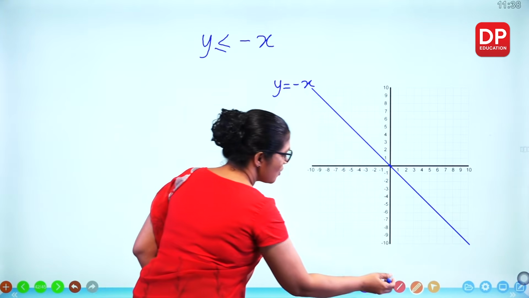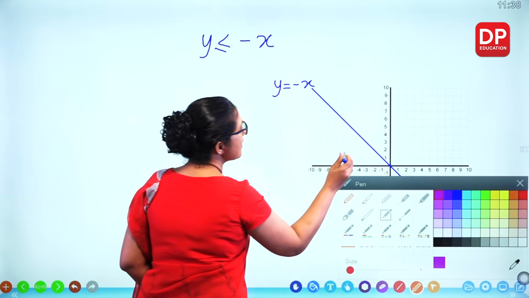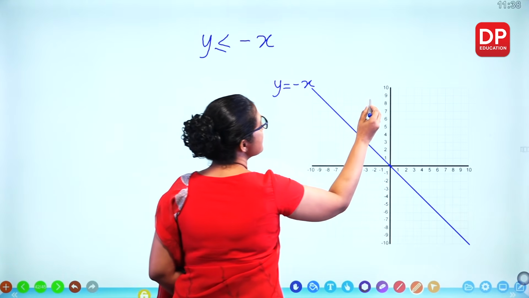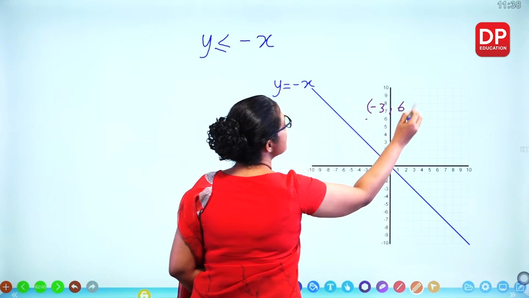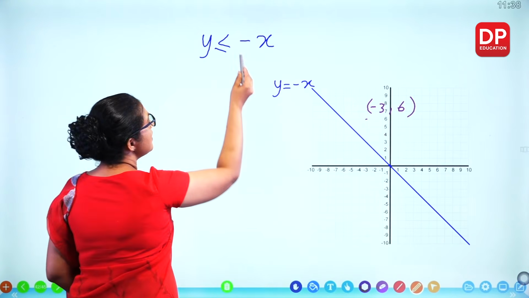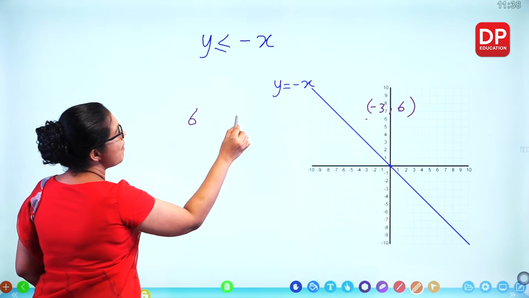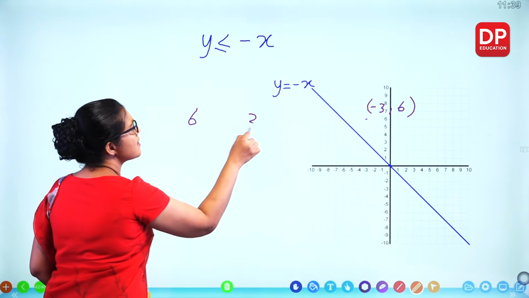Now which region satisfies less than -x? For that I can take several points. So I'll take this point. When you take this point, what are the coordinates? This is -3 and 6. So -3 and 6 means we'll take the inequality. y here is 6 and -x: minus into minus 3 becomes plus 3.